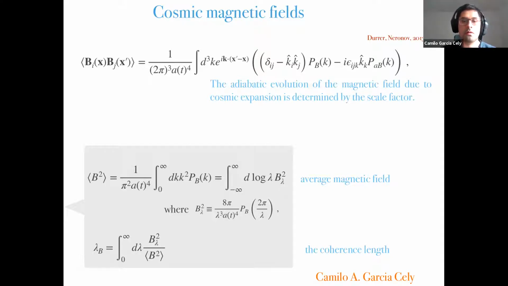This field of cosmic magnetic fields is very broad, and there are many details and many different perspectives on it. If you are very interested in this, and also want to follow the theoretical details of our paper, I invite you to have a look at this 2013 review from Durrer and Neronov, where all these things are discussed in a lot of detail.